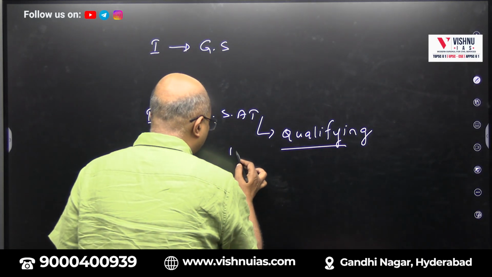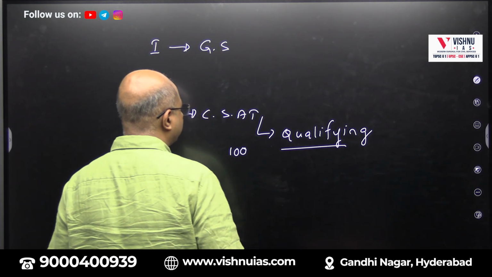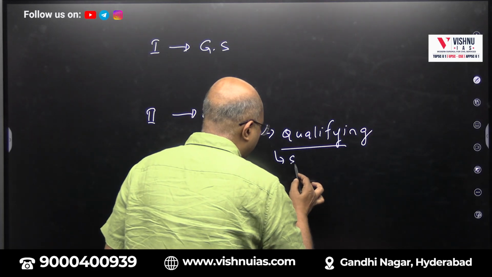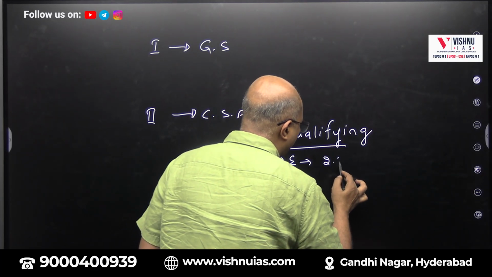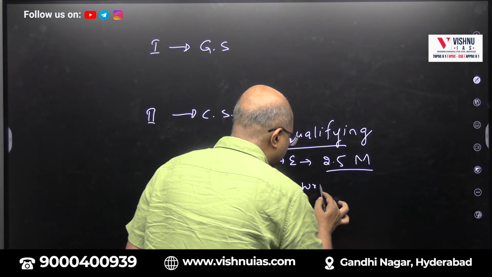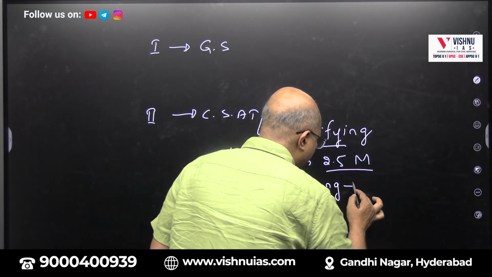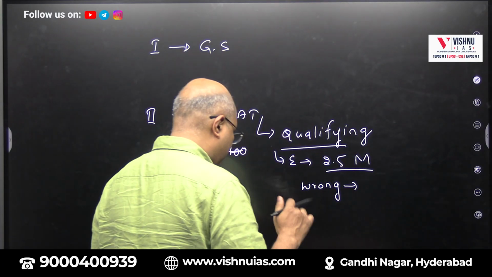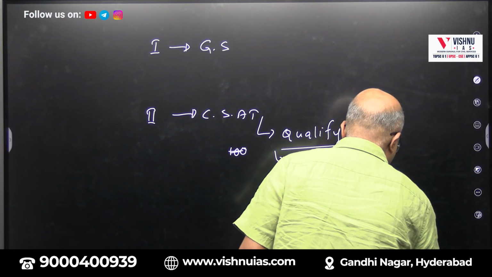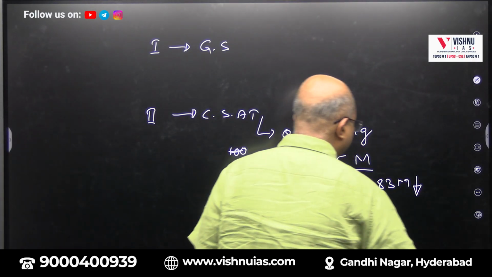Now here you will find 100 questions. Sorry, here each question will have 2.5 marks. And for every wrong answer, there will be a deduction of marks, and 0.83 marks will be reduced for any wrong answer.